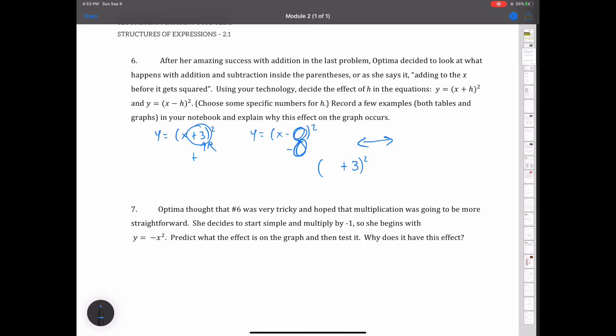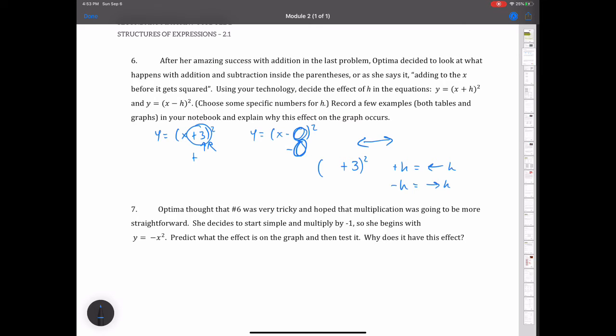So when we have a positive h, it moves it to the left that number of places, right? When we had a negative h, it moved it to the right that number of places. Okay, so it's a little tricky. It's a little different than the up and down. Left and right actually is opposite of what you would expect, right? Because the positive moves left and the negative moves right.